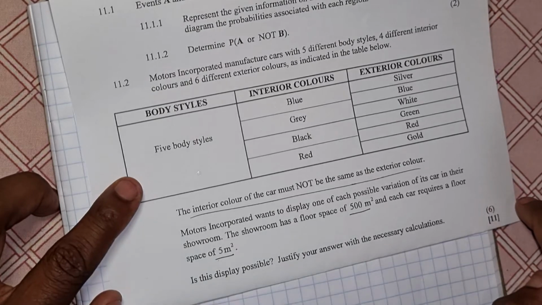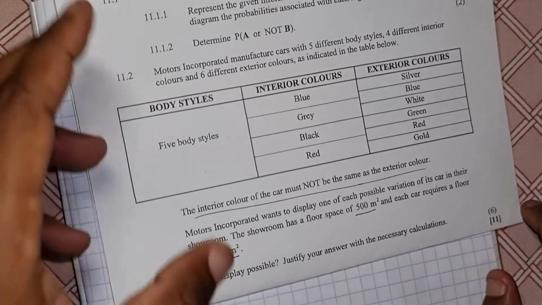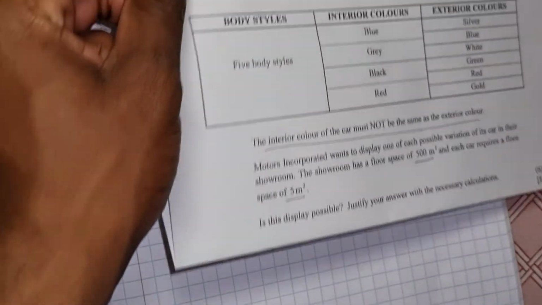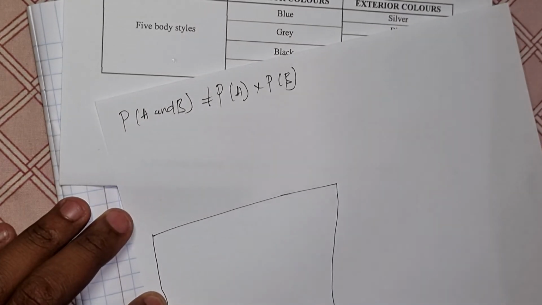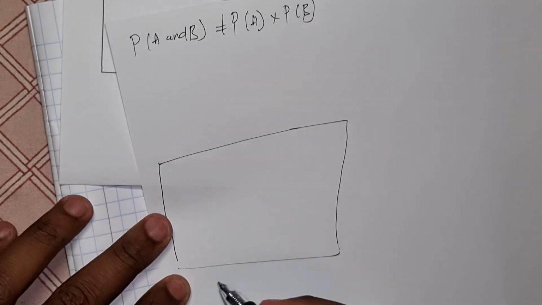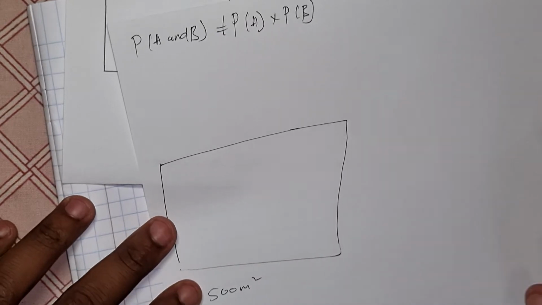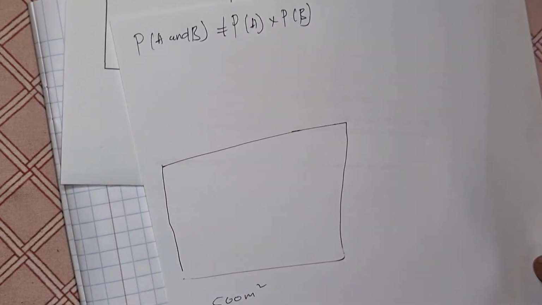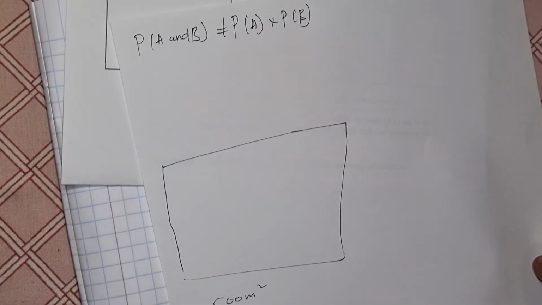Now let's have a look at this question. Basically this is what is happening. The company has a showroom, so the area of this showroom is 500 meters squared, as they say. This showroom is supposed to be filled with the different cars that the company manufactures.